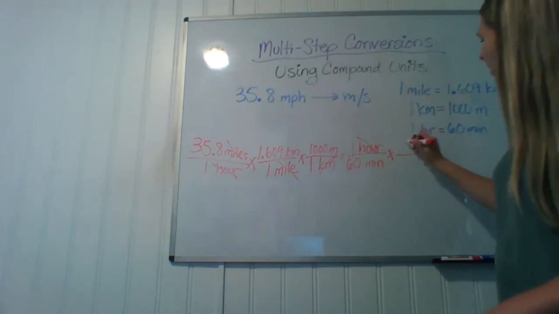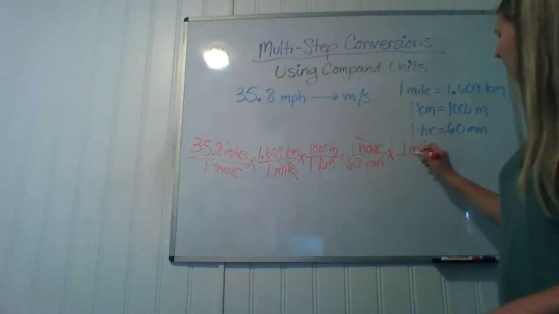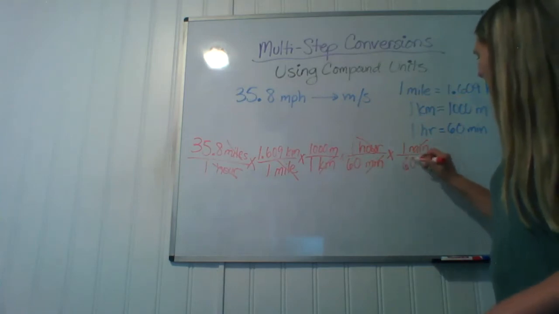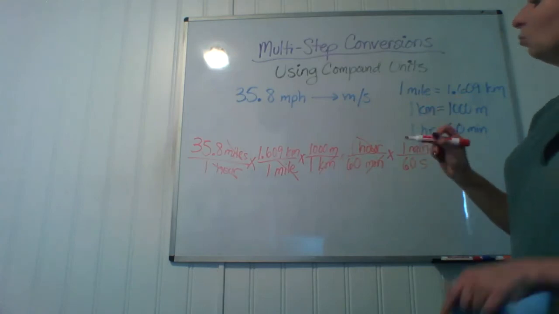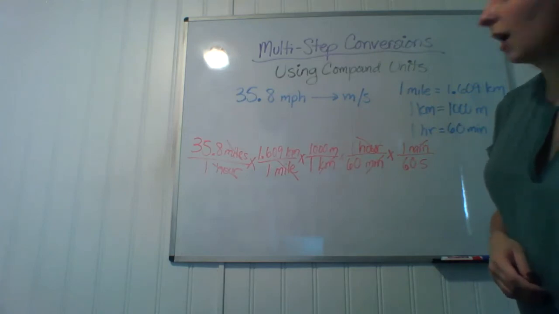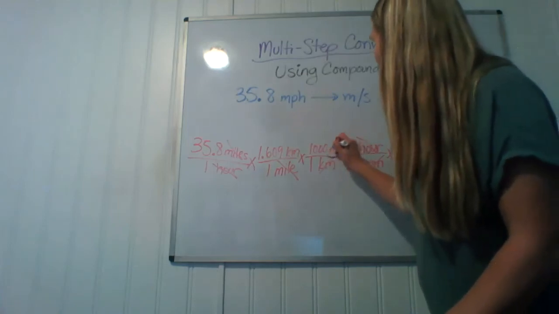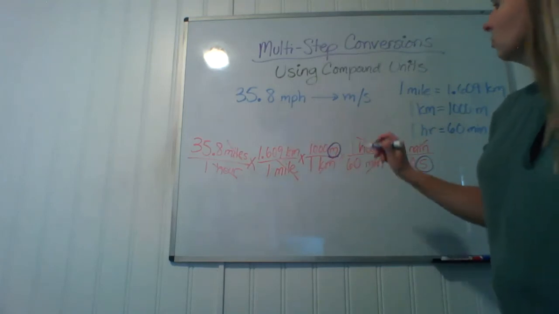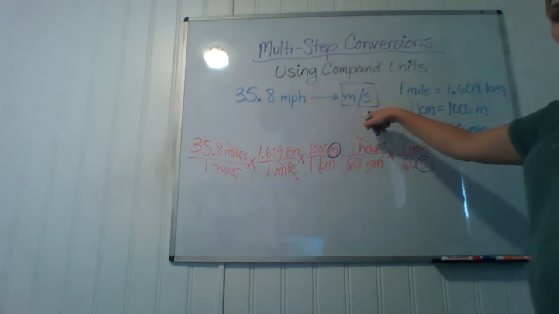So 1 minute goes on top to cancel diagonally, and seconds goes on the bottom. 60 seconds is in 1 minute. Okay, so now what you want to double check is to make sure you have the units that you desire on top and bottom. So we have meters on top, seconds on the bottom. Everything else is canceled. So that is what we were looking to achieve in our units.